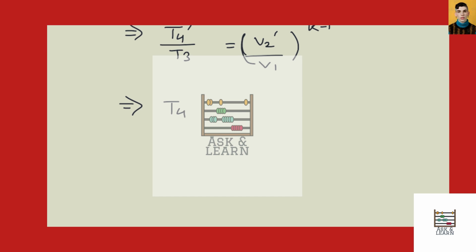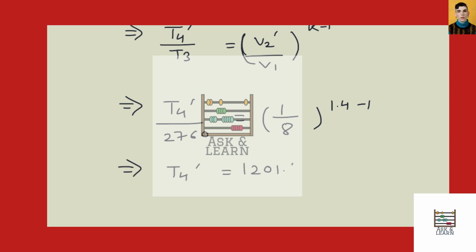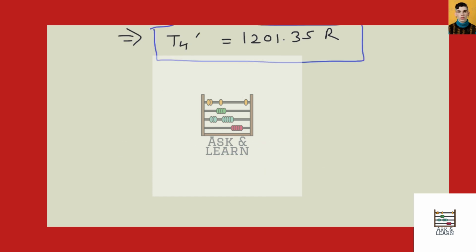Now we will put the given values. T4 dash by 2760 is equal to 1 by 8 whole to the power 1.4 minus 1, or T4 dash is equal to 1201.35 R. That is our answer.